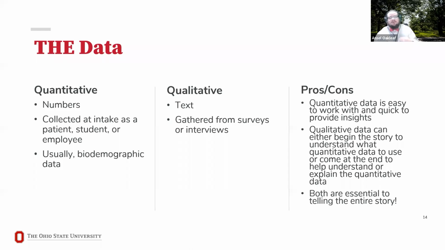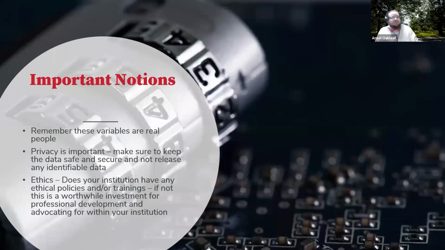So then you go out and you do some interviews with folks and you gain more understanding, and then you can explain the quantitative piece better. So qualitative can be at the beginning, the middle, the end, or through the whole process. And to be honest, both are essential to telling an entire story. Both of those are just so crucial to understanding and storytelling.